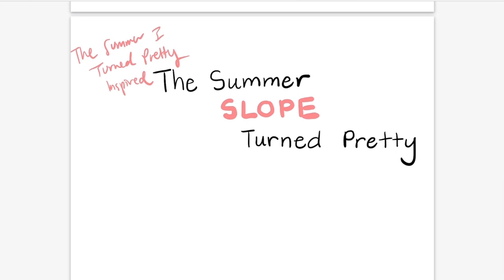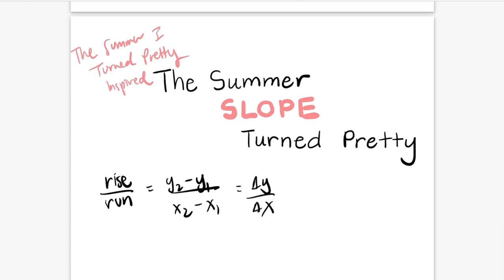So what we're used to for slope is just the rise over run, which is equal to the change in y over the change in x, or delta y over delta x. And what we're used to here is the slope of the secant line.